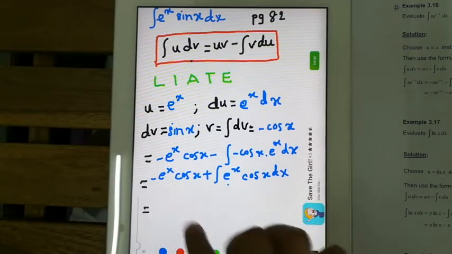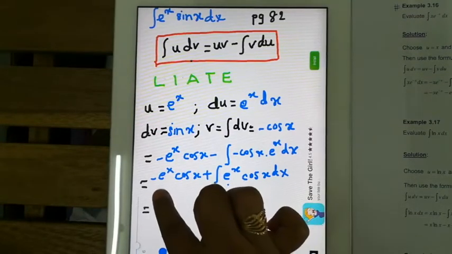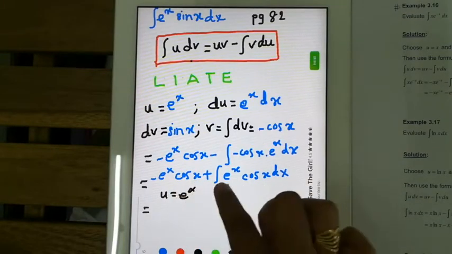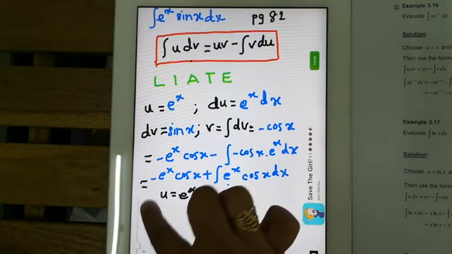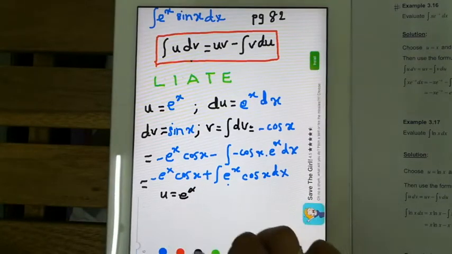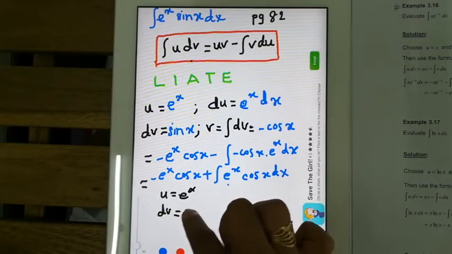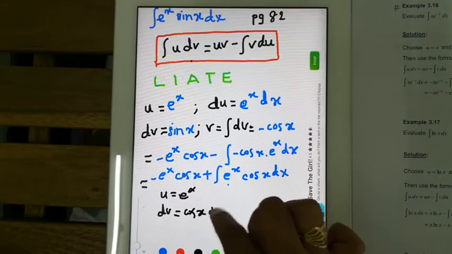I want to focus on this one first. So the u, let me change it, is again e^x. Let me erase this one so that you do not get confused. The dv is cos x dx.